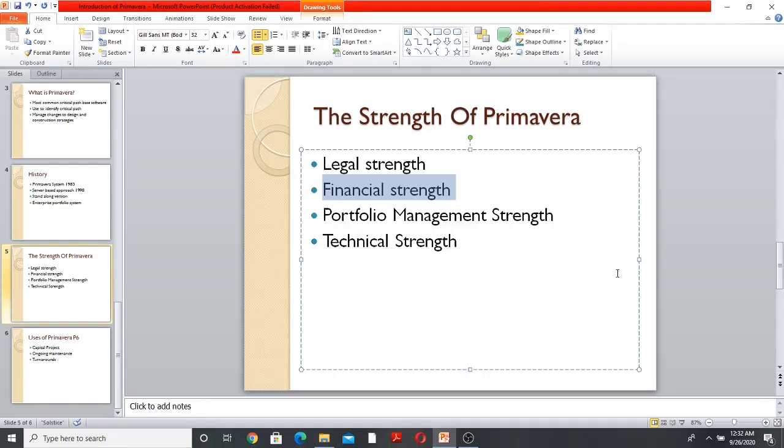Often a large project represents the most important step in the company's future strategy. The ability to tie financial strategy to execution strategy is an important feature. Now we will talk about the portfolio management strength of Primavera P6. Primavera P6 is hosted on SQL Server.